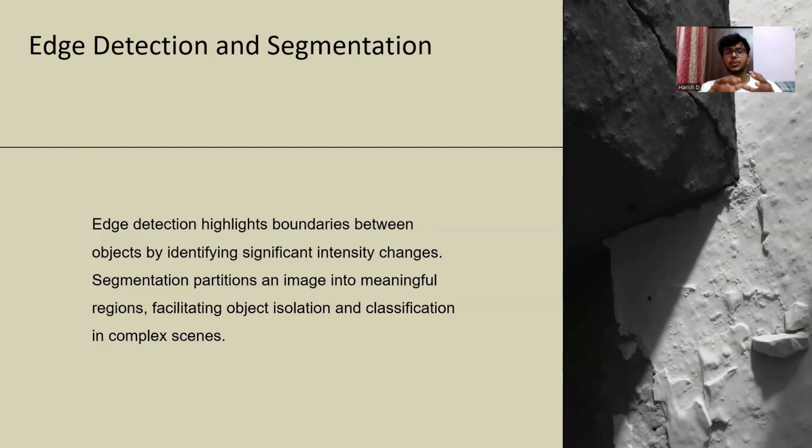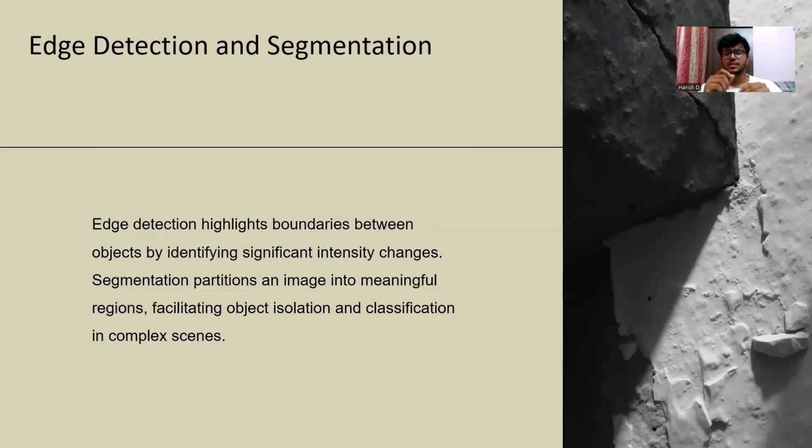This can be done using edge detection, drawing an outline between those two dogs, drawing lines like edges between them, and with those lines we can easily find two dogs. Then after a few more processing steps and segmentation, we can find this is the Pomeranian and this one is the German Shepherd. Those minute intensity changes are found using edge detection.